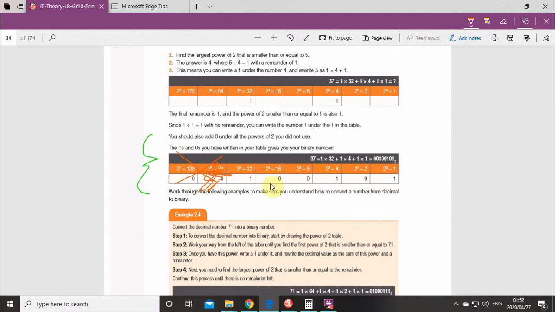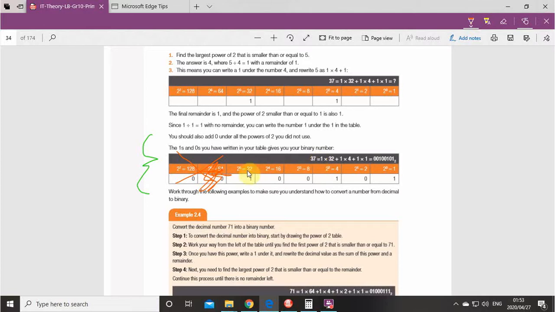Okay, so then we're going to start with the last one we got, 2 to the power of 5, which is 32. So what we want to do here is take 37 divided by 32. How many times does 32 go into 37?